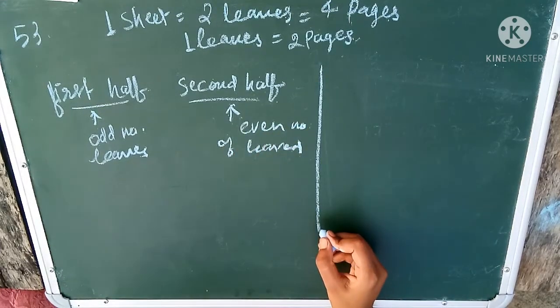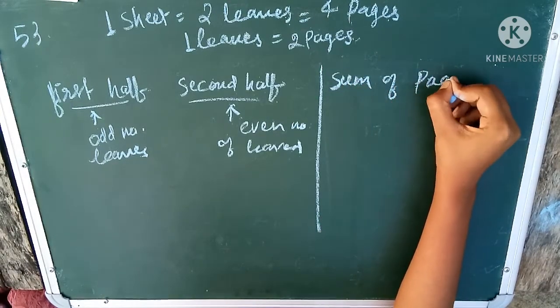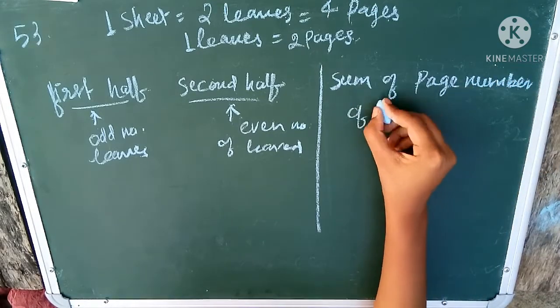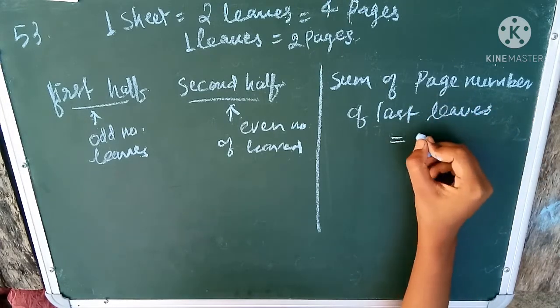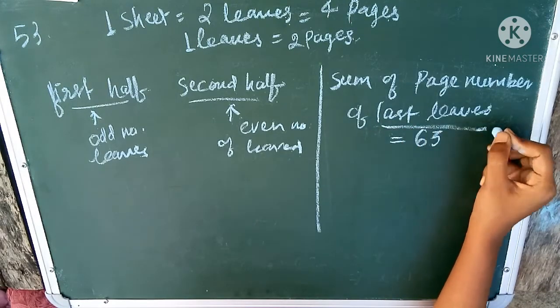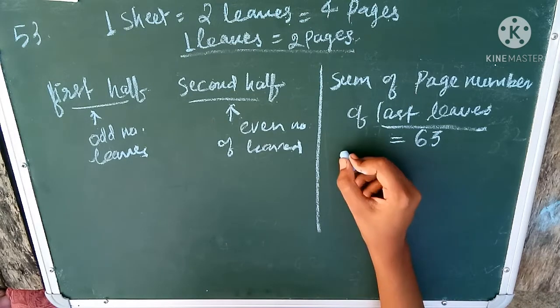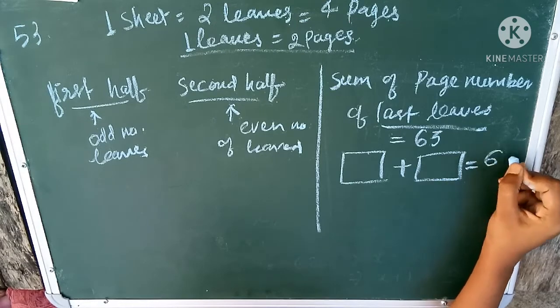Now it is given that the sum of the page numbers of the last leaf of the book is equal to 63. Here the last leaf means the page numbers written on the last 2 pages of the book, because we know that one leaf consists of 2 pages. So the sum of the last 2 pages is equal to 63.